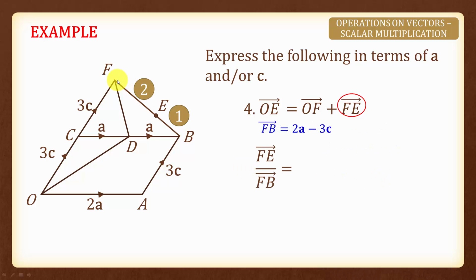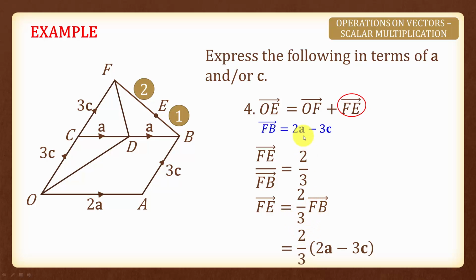The ratio of FE to FB will be equal to 2:3. If we multiply FB on both sides, we will have vector FE is equal to 2/3 of vector FB, which will give us 2/3 of 2a minus 3c. And hence we have already found vector FE.